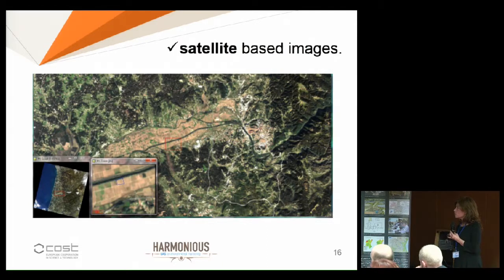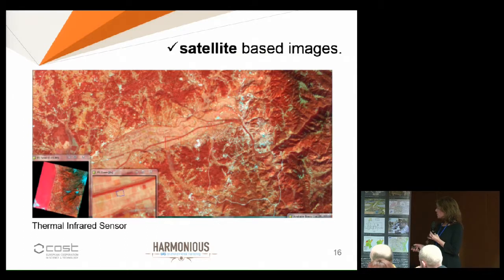As for satellite-based images, well, this is a real image. We were able to locate our experimental field. This is one example.